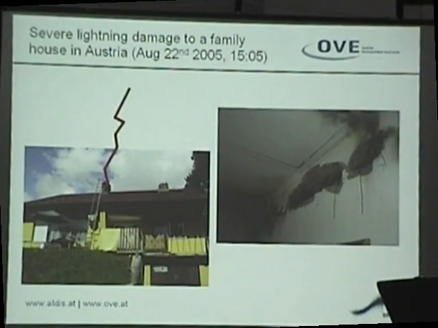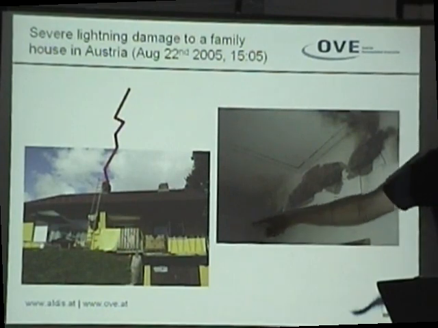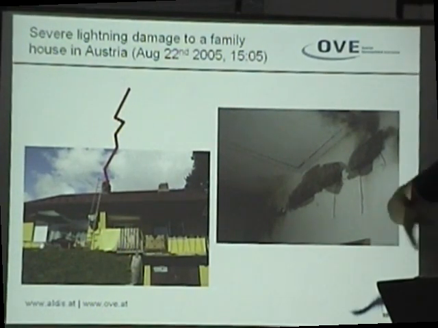One example of a severe lightning strike to a house. You see, inside the house afterwards, all the electrical lines were removed. I think this was already the case where the door of the toilet was removed to the other side of the room. But nothing happened. No one was injured.